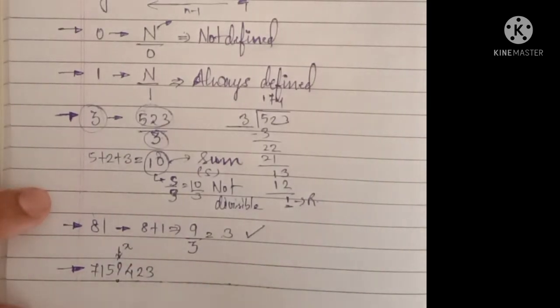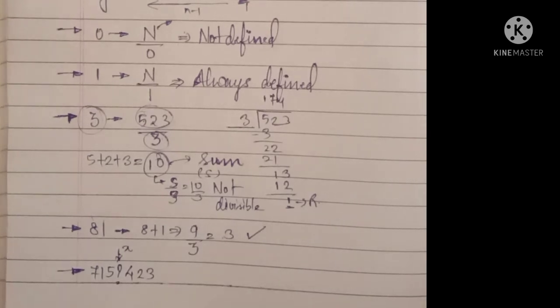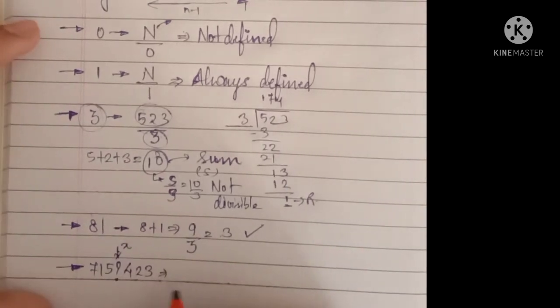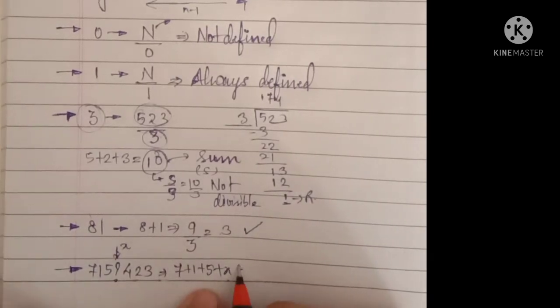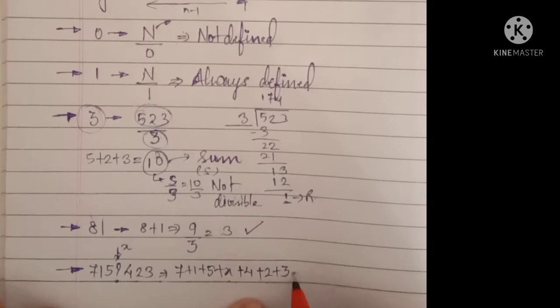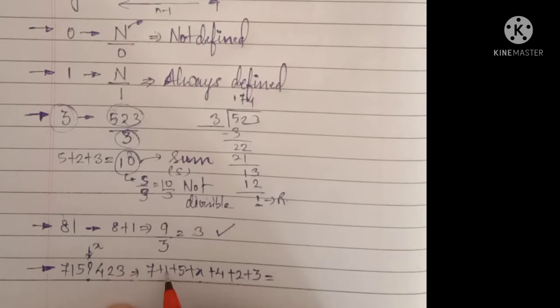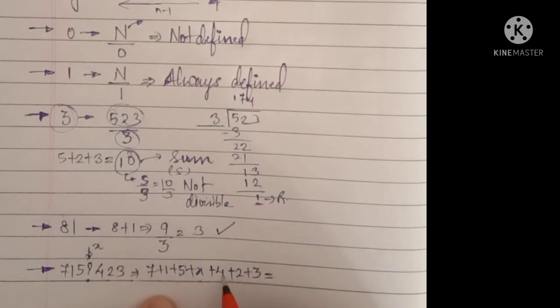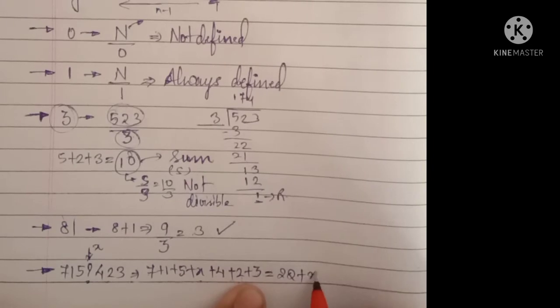ये जो है ना, मैंने x ले लिया, चलो, that you need to find. The question already says that the given number is divisible by 3. So what our concept says, what I taught you: you just need to add all these numbers and you will get the sum. 7 plus 1 is 8, 8 plus 5 is 13, 13 plus 4 is 17, 17 plus 2 is 19, 19 plus 3 is 22, and the remaining is x.